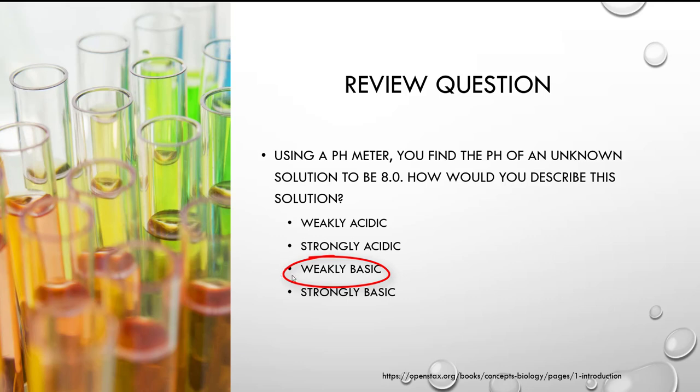It's not an acid, because less than 7 is an acid, but it's not strongly basic. The pH scale goes from 0 to 14. It's just past 7, which is neutral, so it's a pretty weak base. If it was closer to 11, 12, 13, 14, it would be more strong. So weakly basic is the answer.